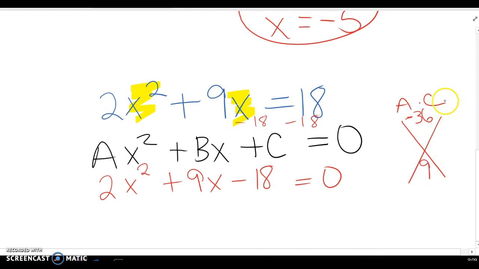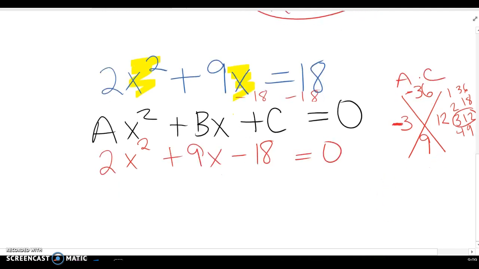If you go through the factors of 36, 1 and 36, 2 and 18, 3 and 12, 4 and 9, you see that you do have a factor pair, positive 3 and 12. Subtract to give you 9, since you're multiplying to have one positive and one negative to give you a negative. So this is the type of equation we would factor.